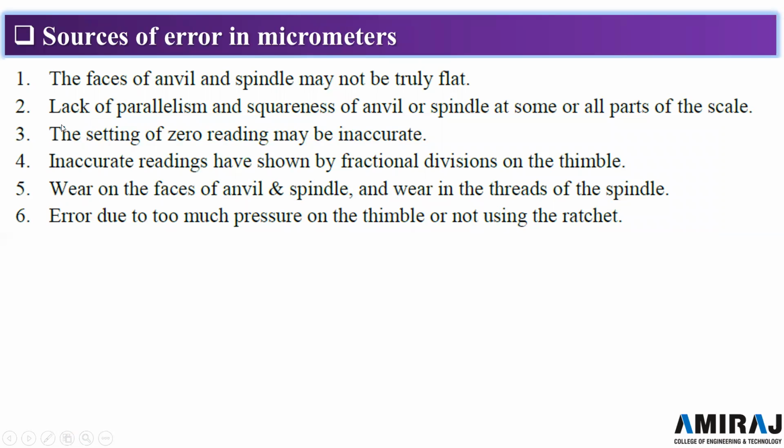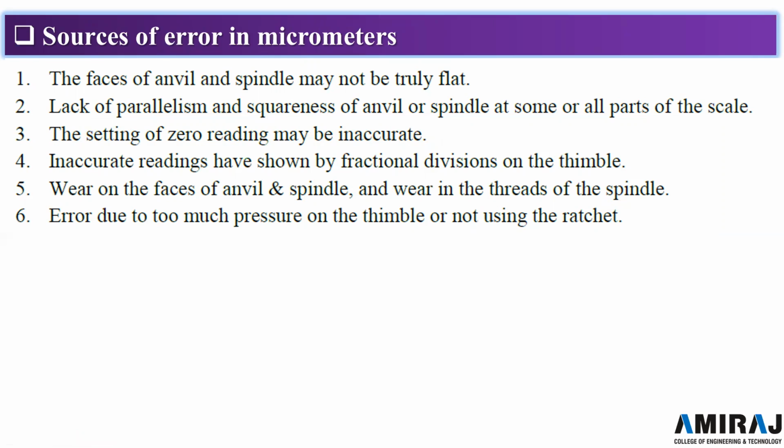So here, the sources of errors in a micrometer are a total of six types. The first type of error is that the faces of the anvil and spindle may not be truly flat.